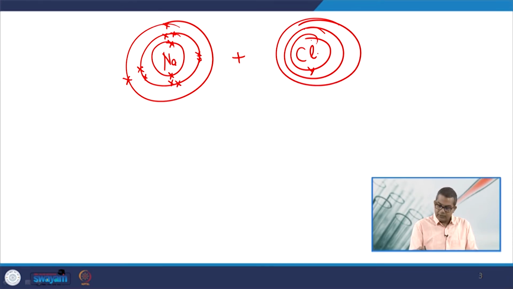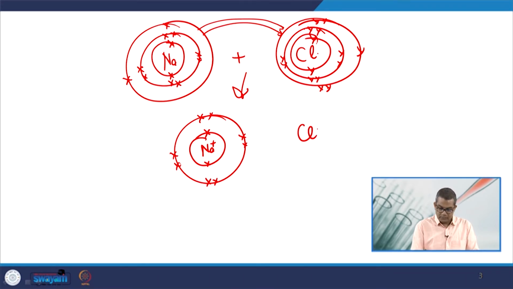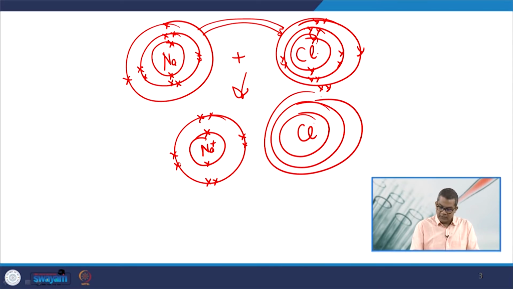Now, let us denote with Y. Like this. So, there is a transfer of a system from here to here, and in this way there is a formation of an unstable ionic bond, which represents Na plus, and this is Cl minus.